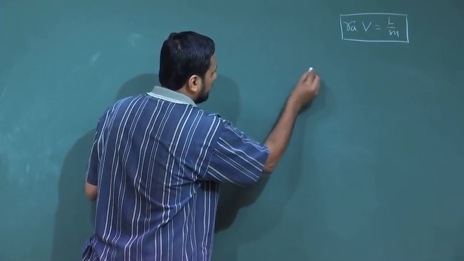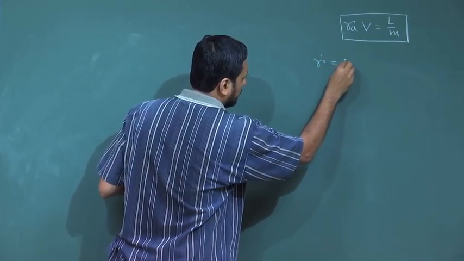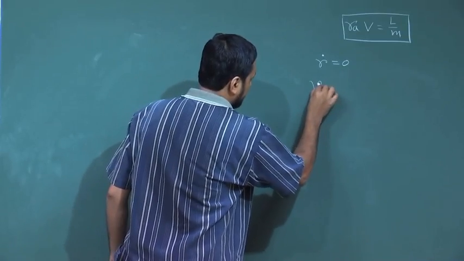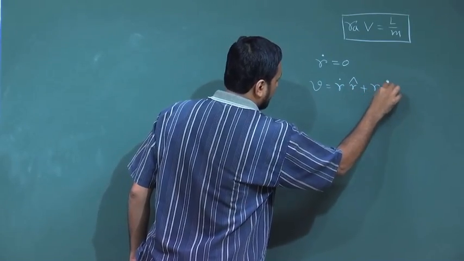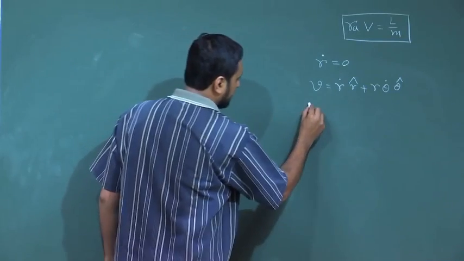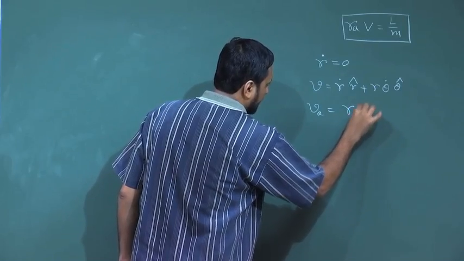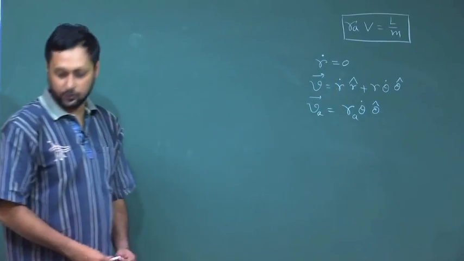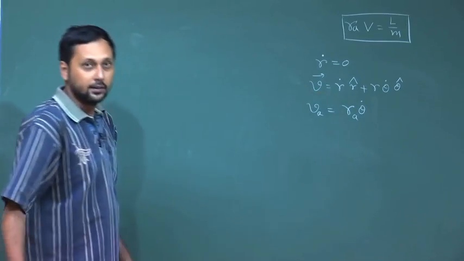Also, please remember that for an apsidal point, r dot is also equal to 0. So, that means that velocity v, which is r dot r cap plus r theta dot theta cap, at an apsidal point, V_A becomes R_A theta dot theta cap only. So, the magnitude also is simply R_A theta dot.